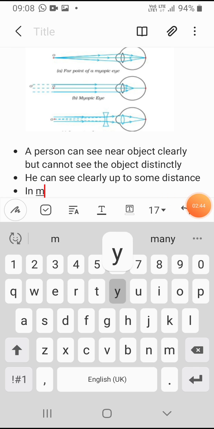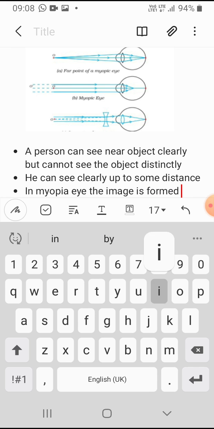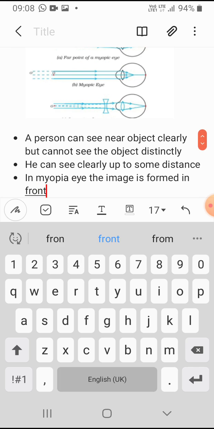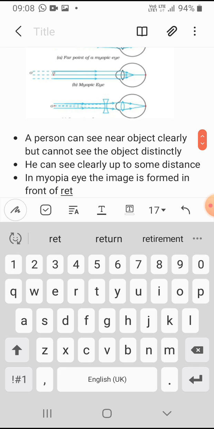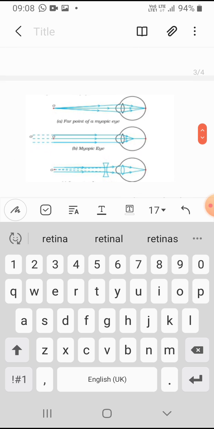So in the myopia eye problem, the image is formed in front of the retina. It is not formed on the retina. See here, this and this eye are forming the image on the retina, but here it forms a little bit in front of the retina.